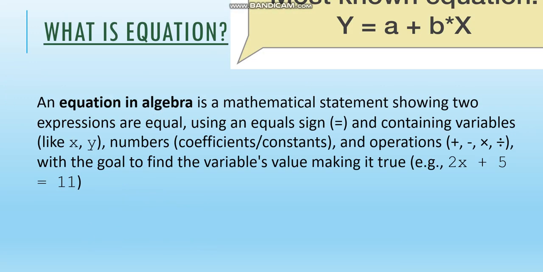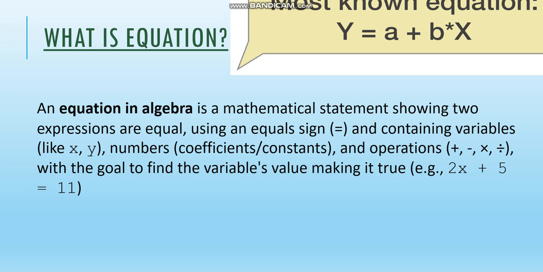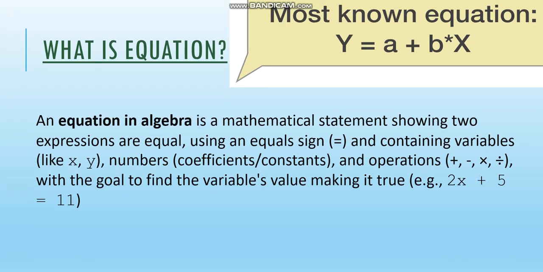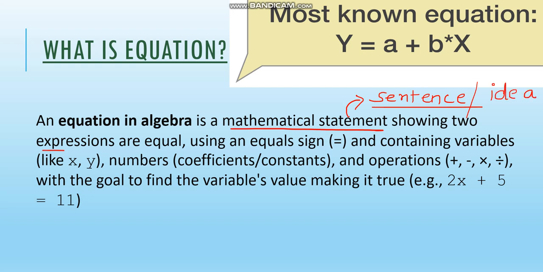Let's talk about equation. What is an equation? So equation here basically means it is a mathematical statement. I can also very comfortably say it is a sentence. What does that mean? It is going to give you the full idea or detail showing two expressions are equal.